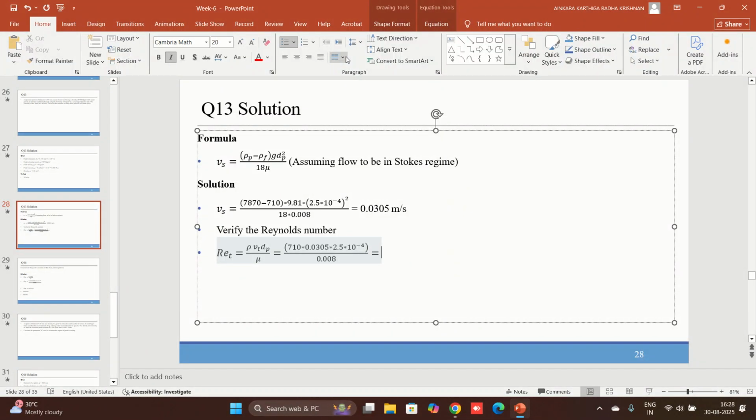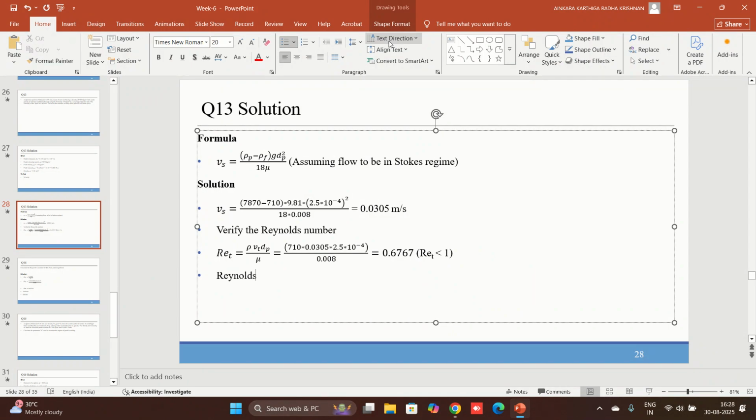So that gives us 710 into 0.0305 into 2.5 into 10 power minus 4 divided by 0.008. It gives us 0.6767. And we can say the Reynolds number is less than 1, following the Stokes regime. So we have verified the Reynolds number to be less than 1.